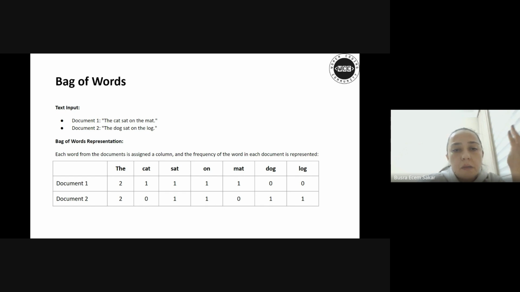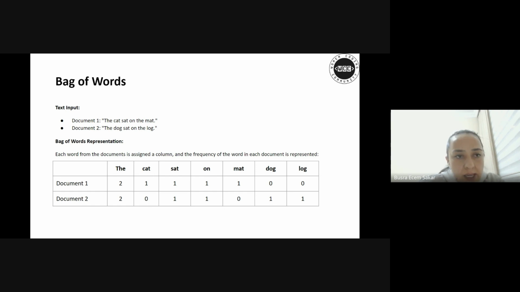For example, in document 1, "the" appears twice, "cat" appears once, and "dog" does not appear at all, so it counts as 0. So this model only captures the count of each word, but it doesn't tell us anything about how important the word is in the overall document or corpus.